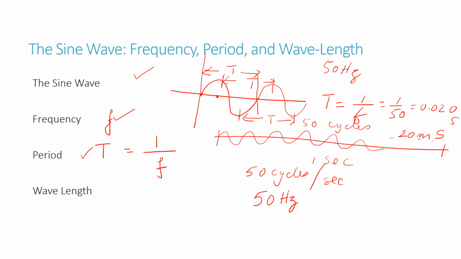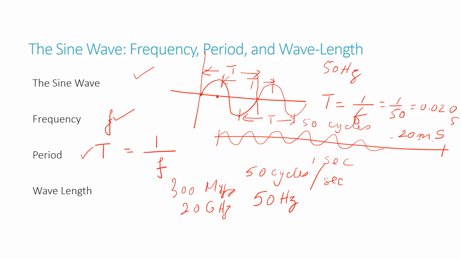But if you go into frequencies like cell phone frequencies, let's say 300 megahertz or 20 gigahertz, then wavelength becomes important because wavelengths are then very, very short.